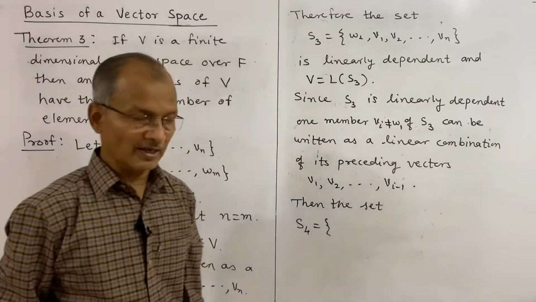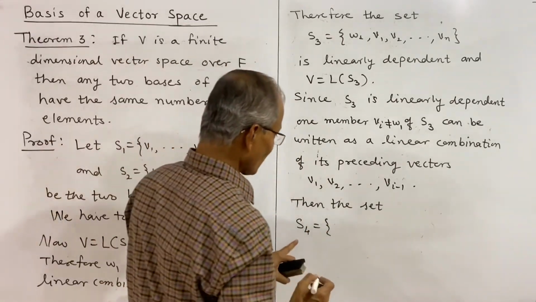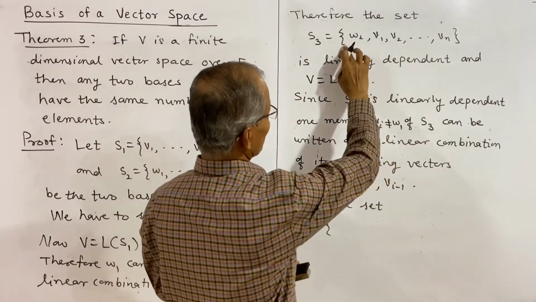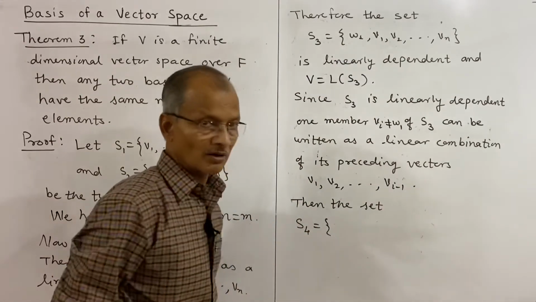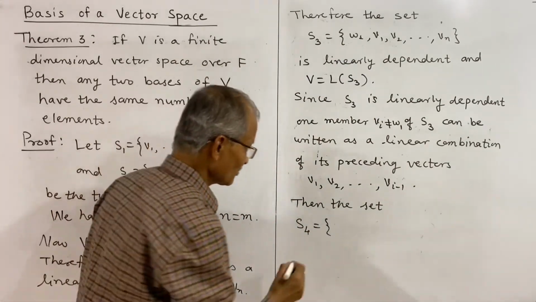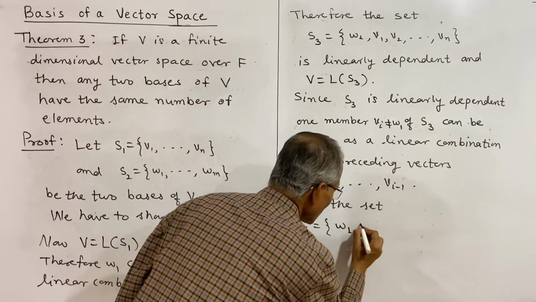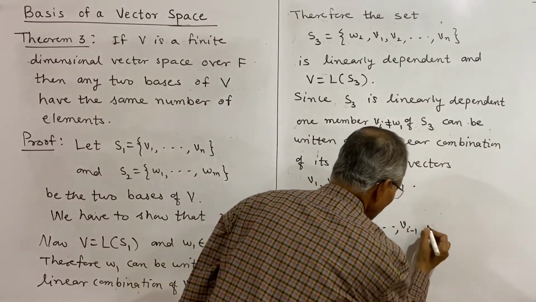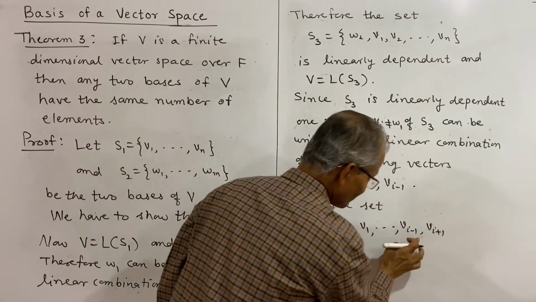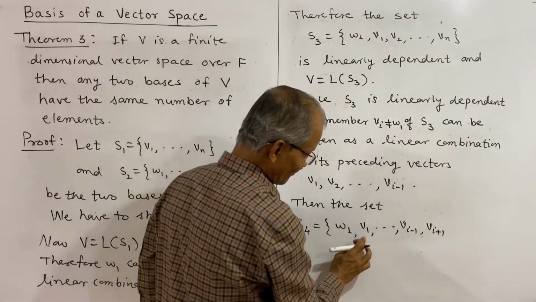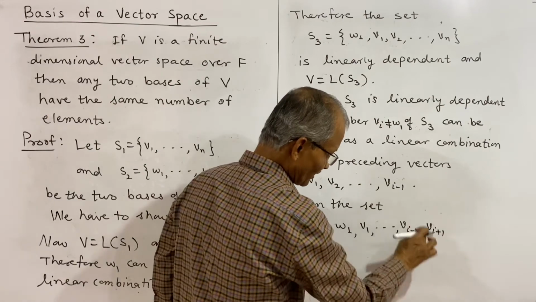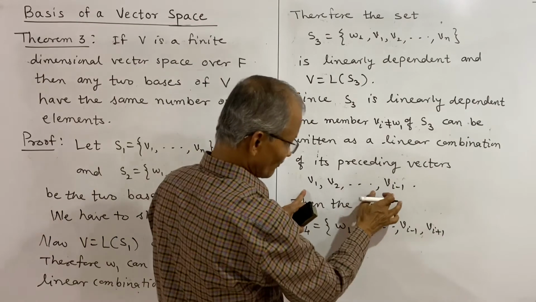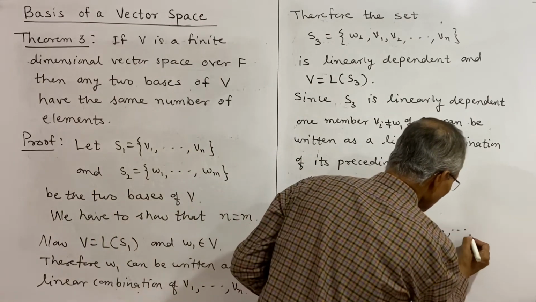Now Vi we shall delete from S3 and form the set S4, which will be W1, V1 up to Vi minus 1, Vi plus 1. That means Vi is deleted, because Vi is again a linear combination of V1 to Vi minus 1, and then we continue up to Vn.